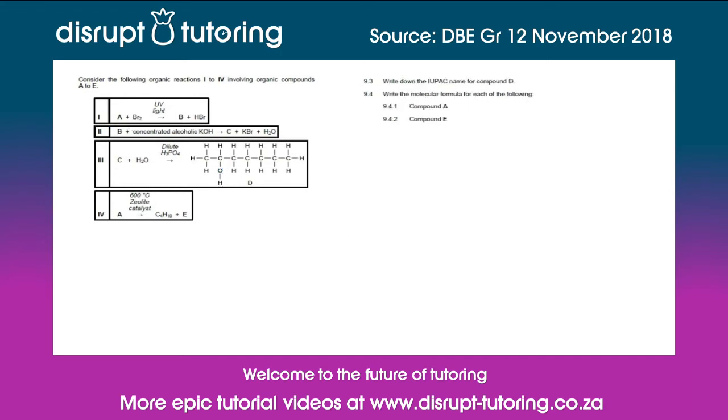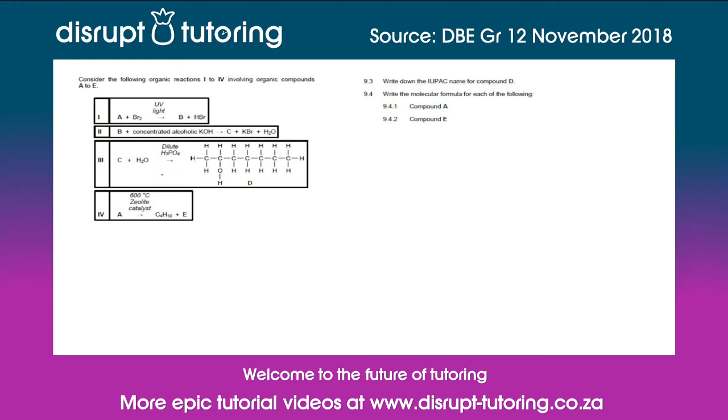Okay, so the third question asks us to write down the IUPAC name of compound D. So we're given the structural formula. It has 7 carbon atoms and an alcohol on the second carbon in the chain. So recall that the numbering of carbons is done so that the functional group has the lowest possible number assigned.